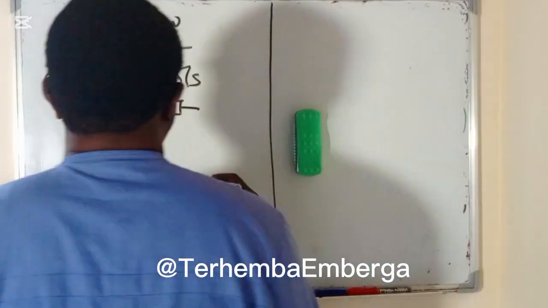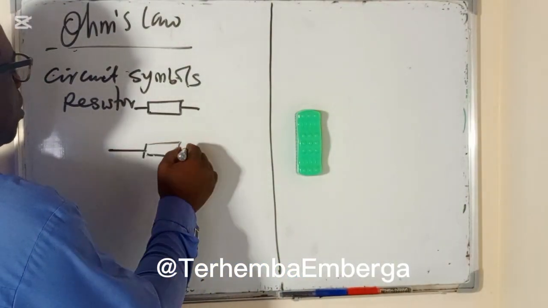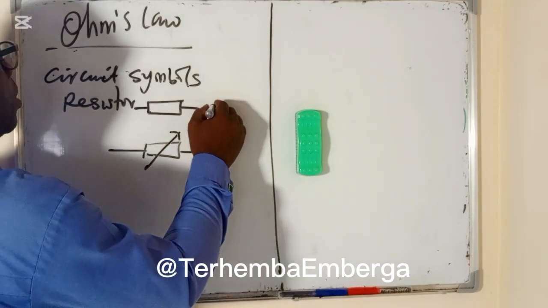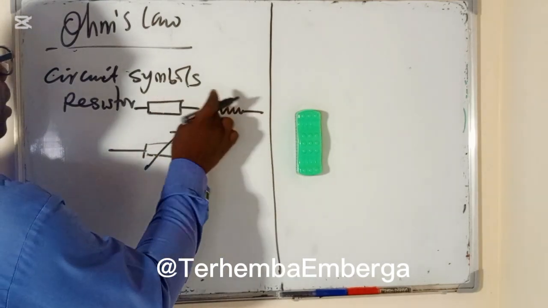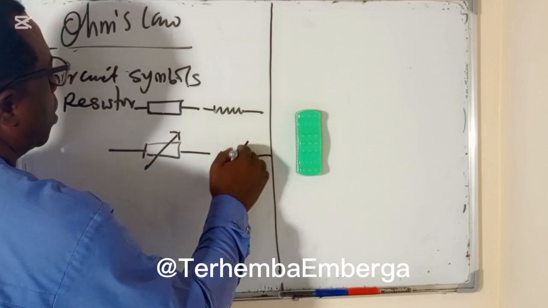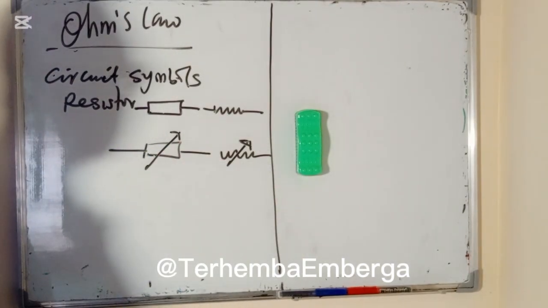So when you talk about a variable resistor, the symbol is like this with an arrow. Remember, some authors will write it either this way or this way. So if it is a variable resistor, you have an arrow on it. When you see this, you should know the meaning.